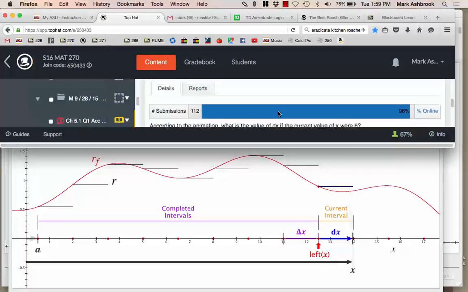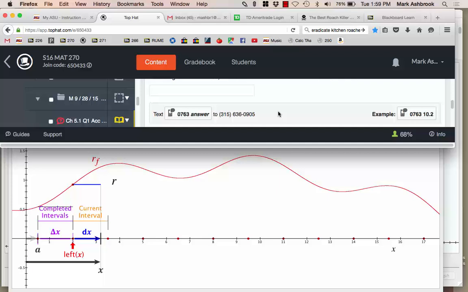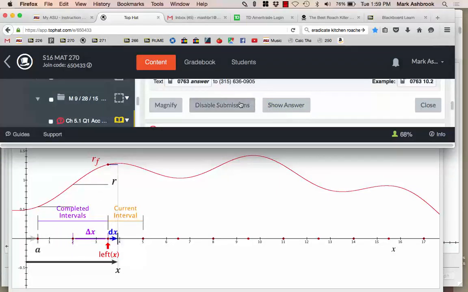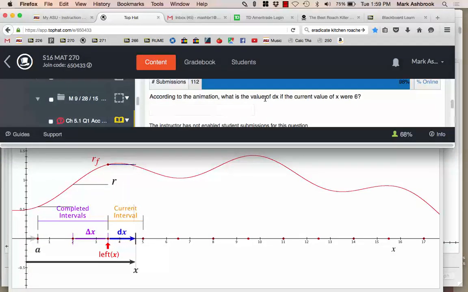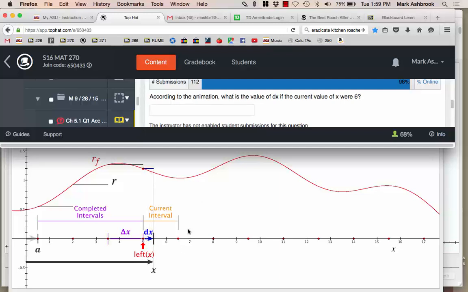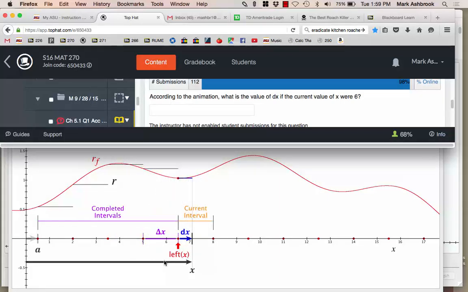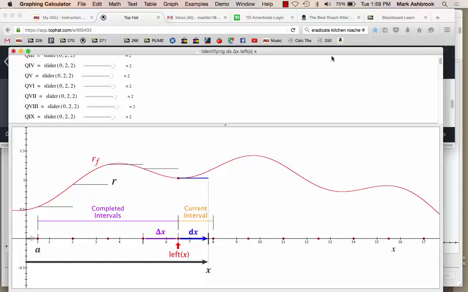Okay, next question. What is the value of dx when the current value of x is 6? So if we pause at 6, right there, the current value of x is 6.